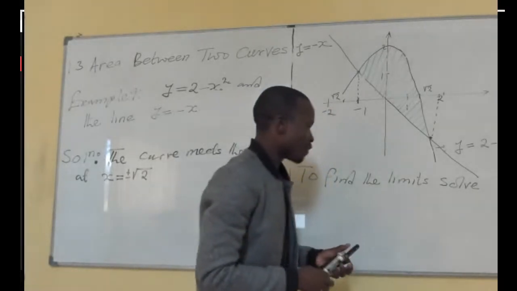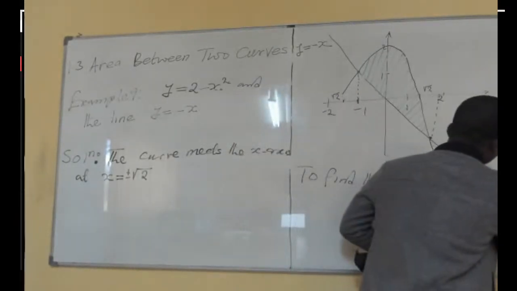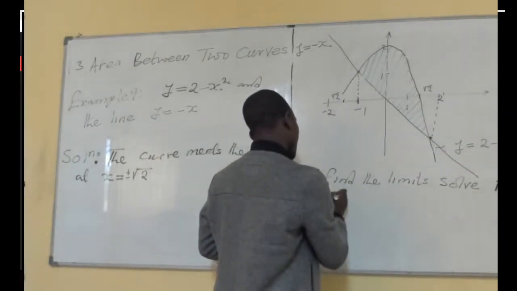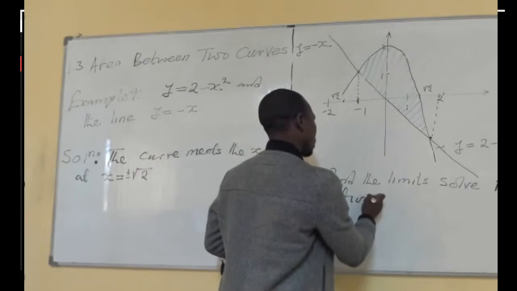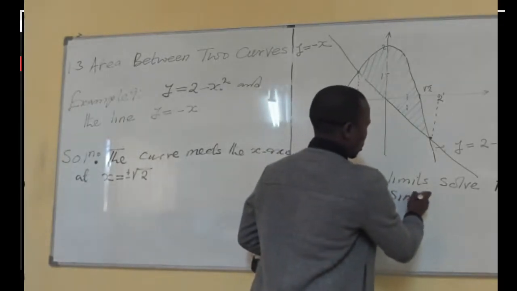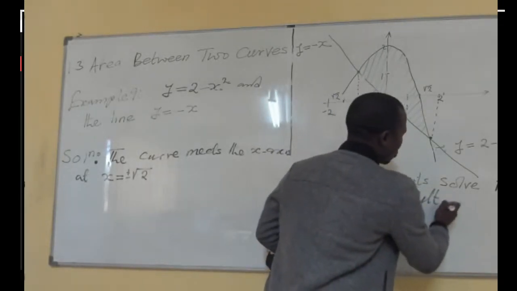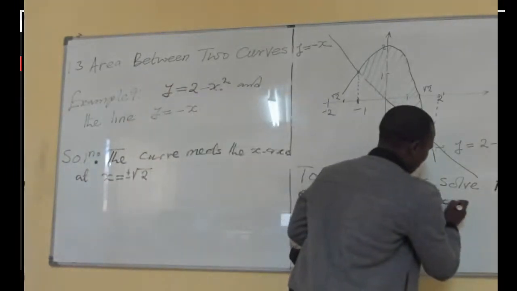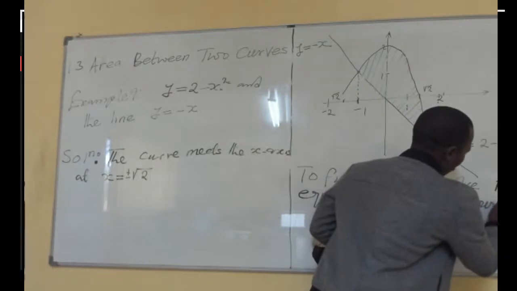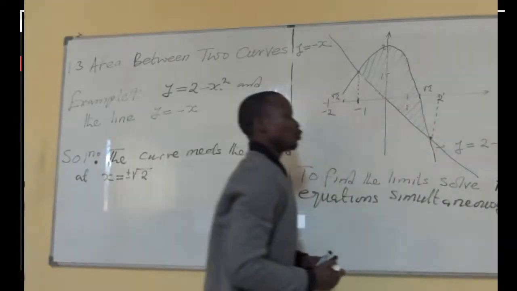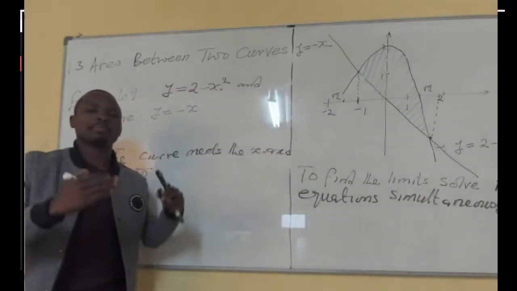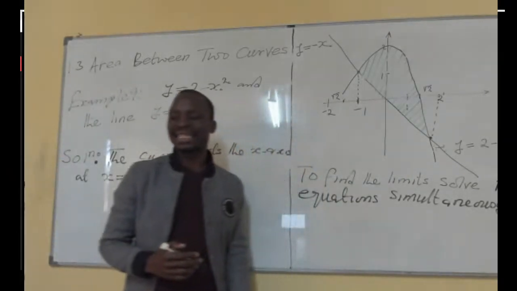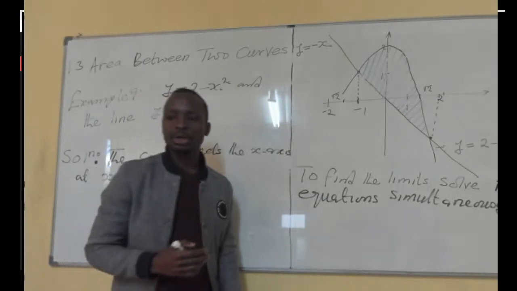So we solve these two equations, and when we solve these two equations simultaneously, then you are able to find the values of x for which these two equations intersect. Now, how can we do that?